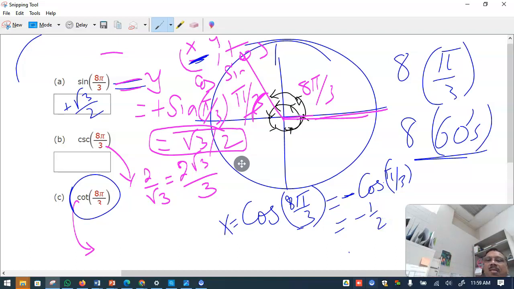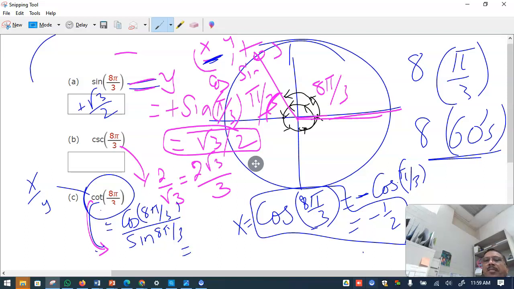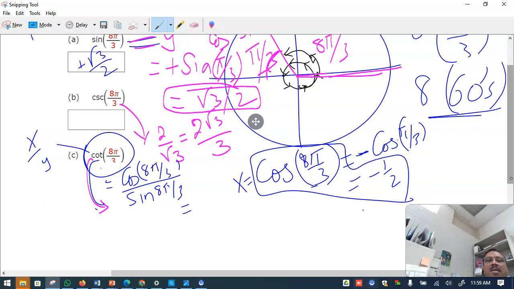So when we want to figure out what is a cotangent, cotangent is cosine over sine, because cotangent also is x over y, right? And x is cosine. And you just have to do a little work here. So cosine we got minus half, and sine we got root 3 by 2.